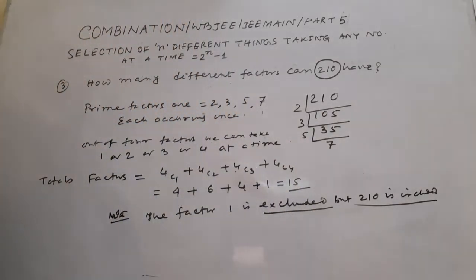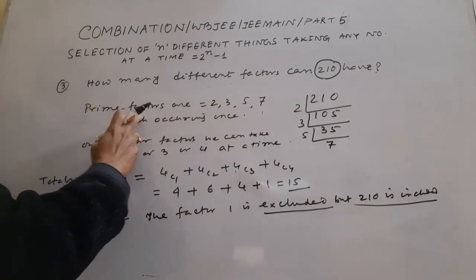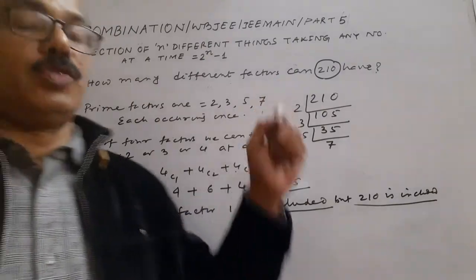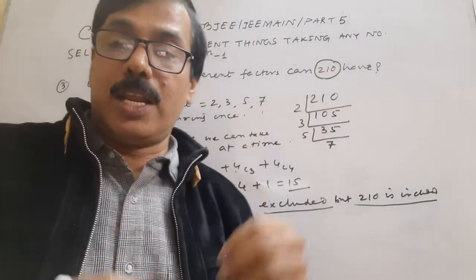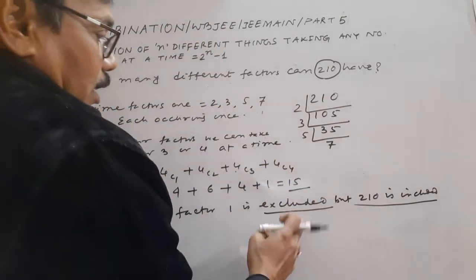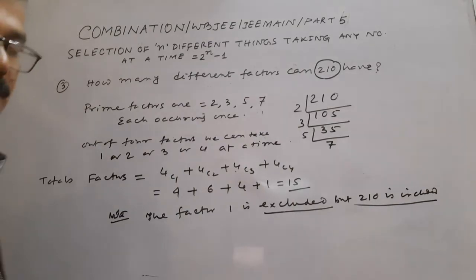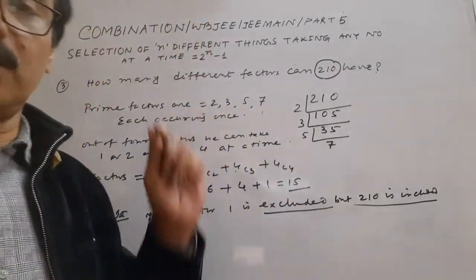So if it is given, find the number of proper factors of 210, proper factor means 1 and 210 are excluded. In this case, the answer will be 15 minus 1, that is 14. So you should keep in mind the language.